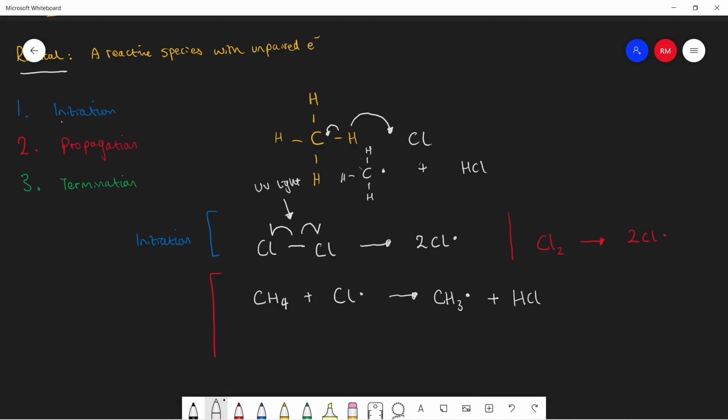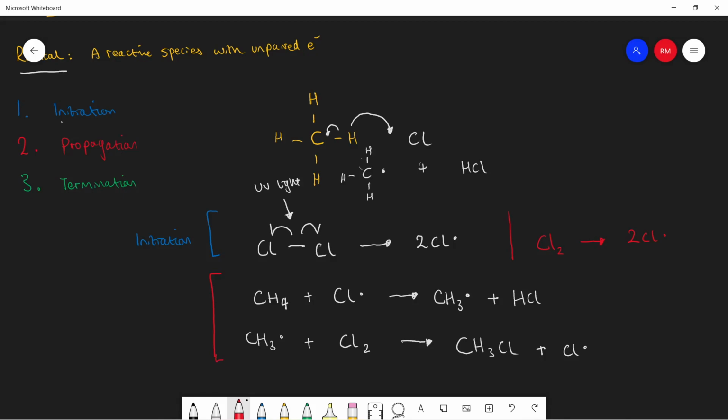There are 2 steps to a propagation reaction. The second being, this CH3 radical combines with another chlorine molecule, and this produces our CH3Cl plus another chlorine radical.